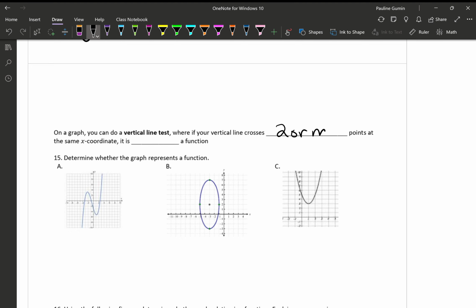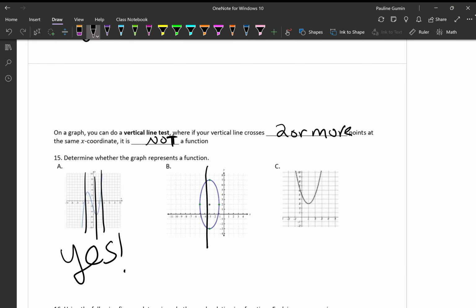If your vertical line crosses 2 or more points at the same x-coordinate, it is not a function. So A, let's draw a vertical line through A. Several. Does it ever cross more than once? Nope. So it's a function.